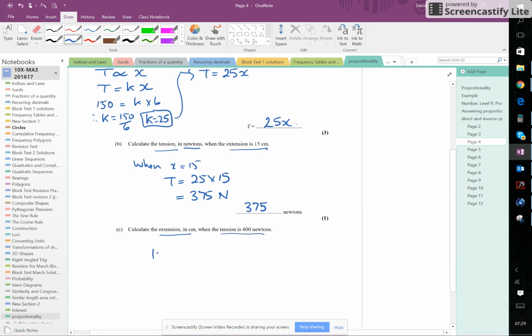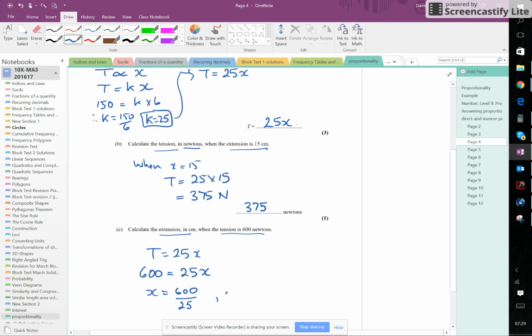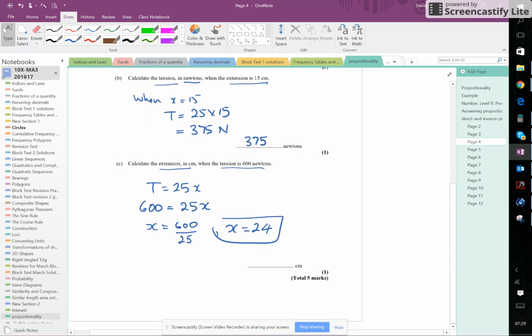So we're going to use this formula again that we found before, T equals 25x, and we want to calculate the value of x given that T is 600. So substitute in 600 for T. To find x, we divide both sides by 25. And if we do that, 600 divided by 25 goes in exactly 24 times. So x is 24 centimeters.